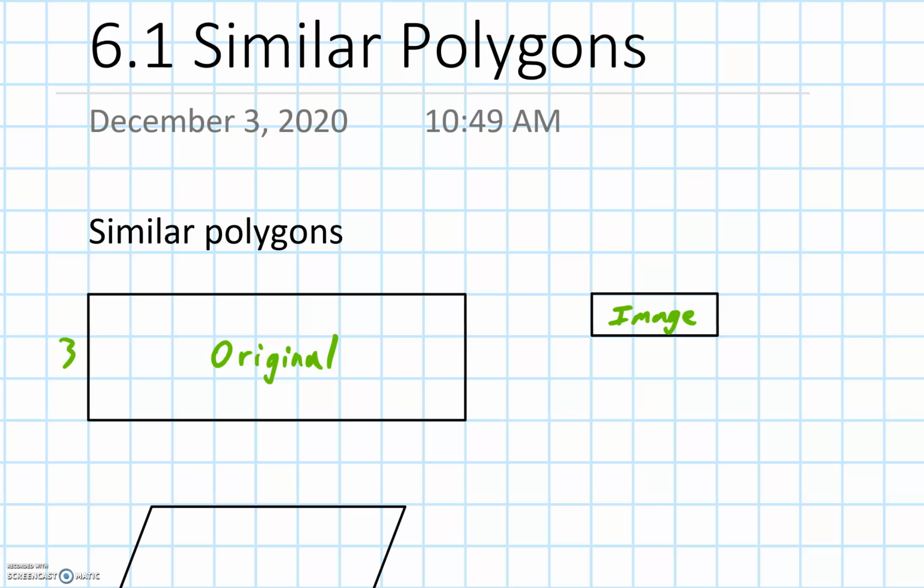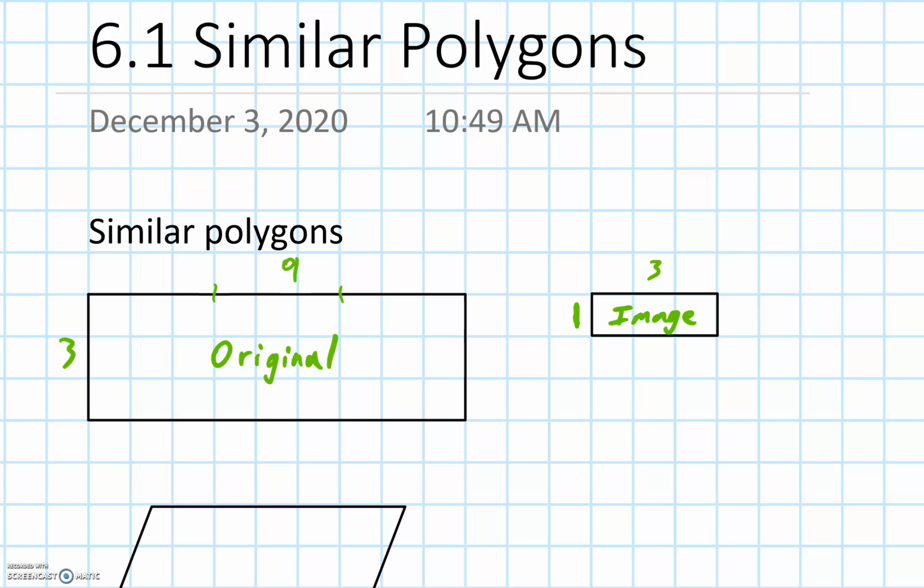So here we have 3 on this side, whereas the corresponding side over here has 1. And this top side has 1, 2, 3, 4, 5, 6, 7, 8, 9, and the corresponding side has 3.